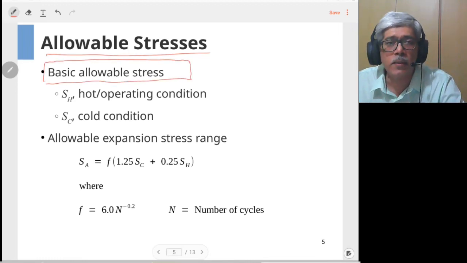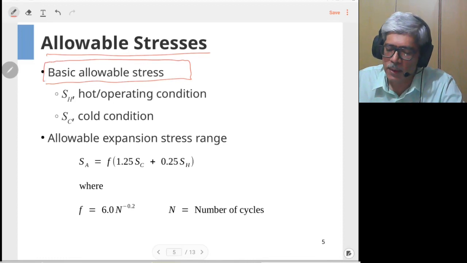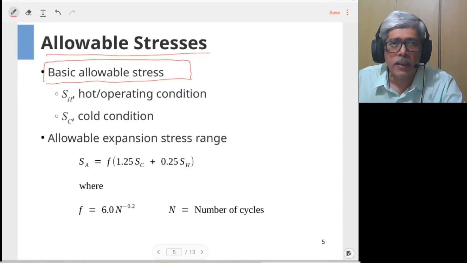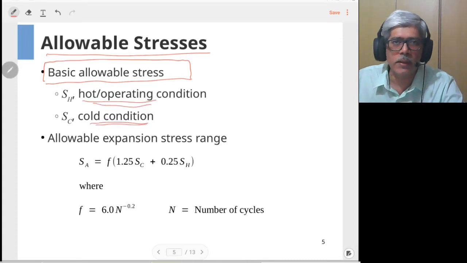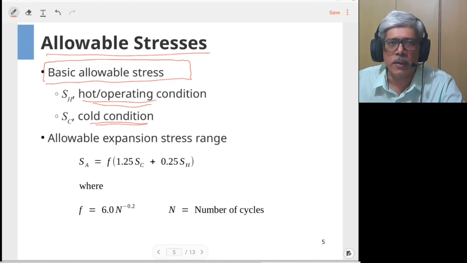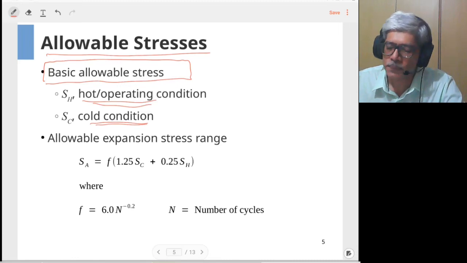So they are known as the basic allowable stresses. They are calculated under two conditions. One is the hot condition or operating condition, and another is the cold condition. The cold condition is where the plant is not yet started, and hot condition is where it is operating at the design temperature or the operating temperature condition.